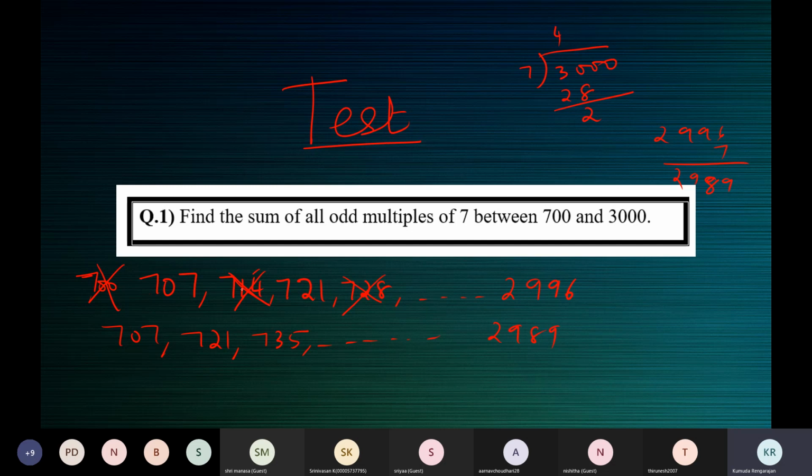You cross out the even multiples. So the remaining are the odd multiples. But this one is an even multiple. So if you take the one after this, it will go beyond 3000. If you add 7 and take the next multiple, that will be an odd multiple, but it will be more than 3000. So subtract 7 and take the earlier multiple. That will be the odd multiple required.